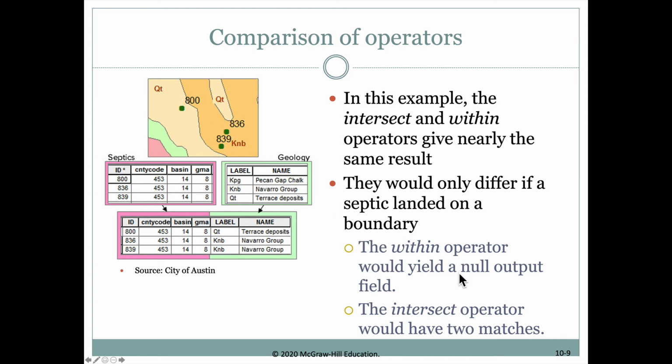So it would not select it, and we would get a null output if we use the within operator. However, if we use the intersect operator, it can occur on the boundary or inside of the polygon. So in that case, it would be selected for both. We would actually have two matches for one of these points if it fell directly on one of these boundary lines.